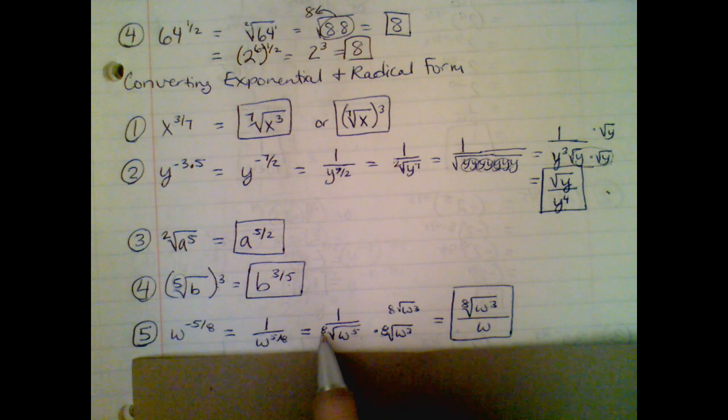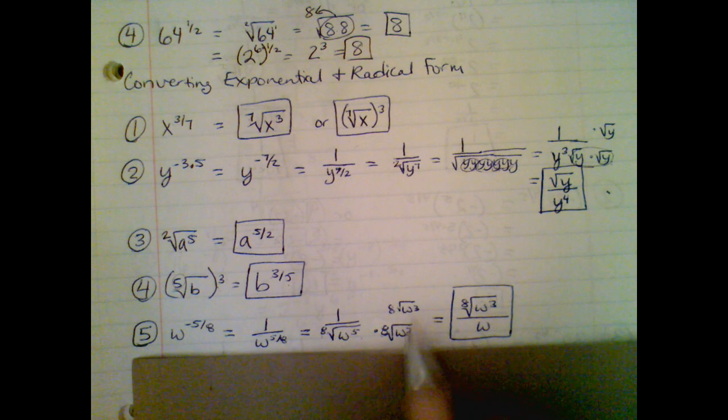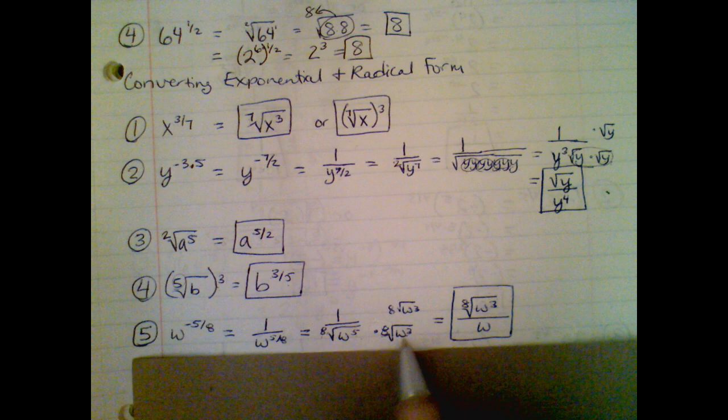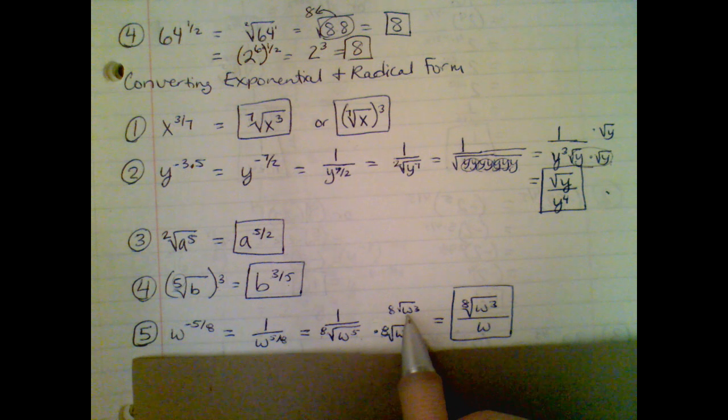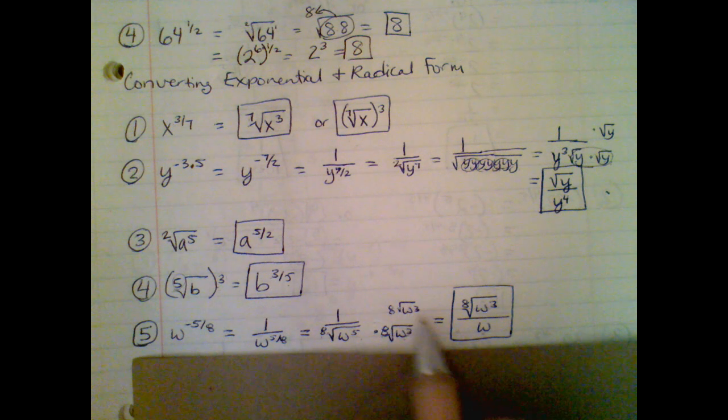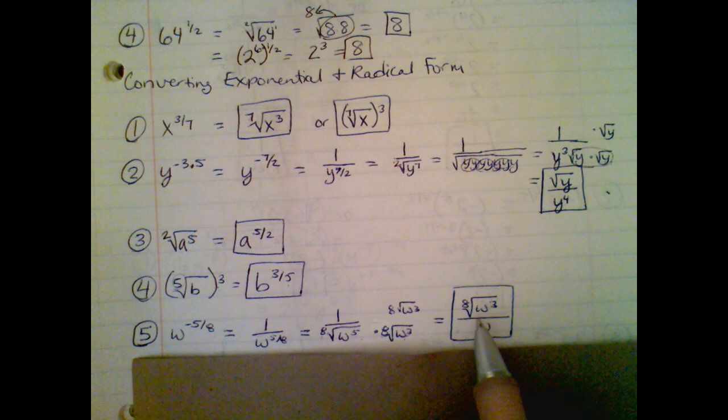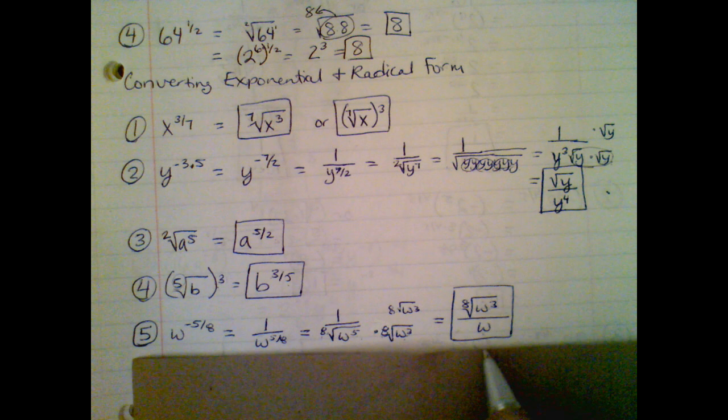We can't leave a radical in the denominator, so we need 3 more of them. So we're going to multiply by 3 more w's across the top and the bottom. Now we have 8 w's, so we can bring out a w. We have just 3 w's in the numerator, so we can't simplify that. So it would be the eighth root of w to the 3rd power divided by w.